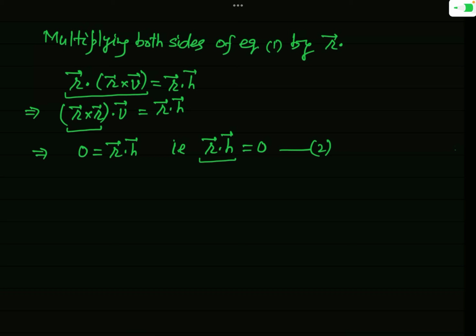Thus r is perpendicular to h always, and h is a constant vector.